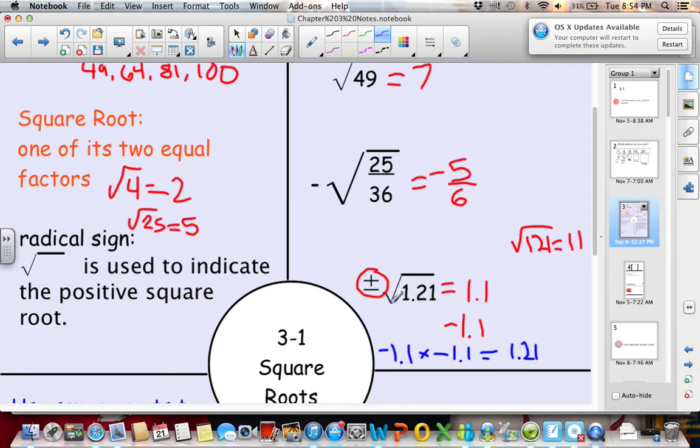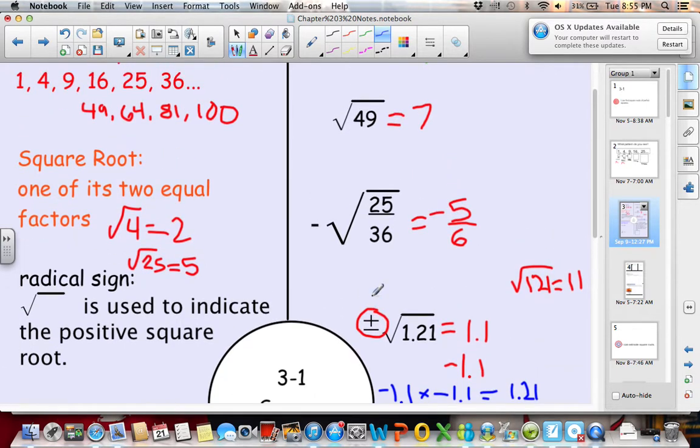So actually, the answer is 1.1 and negative 1.1. Because it has this sign in front of it, it tells us that it wants the positive and the negative. Okay? Looking back up here at square root of 49, it's just telling us that it wants the positive answer. This is telling us that it wants the negative answer.